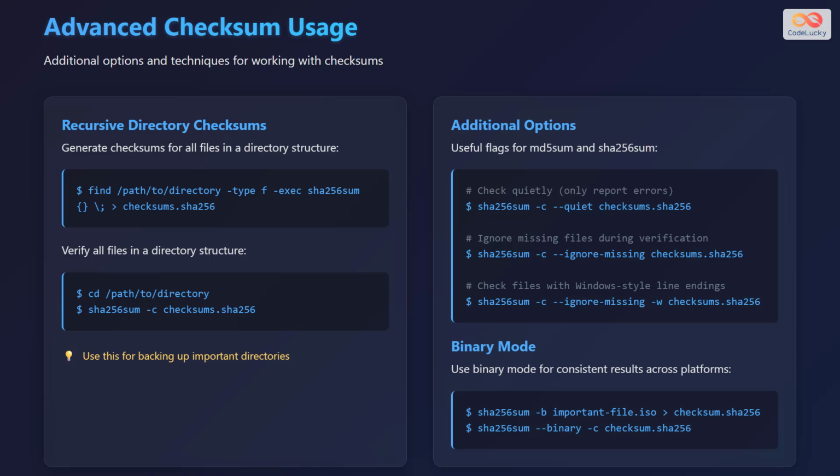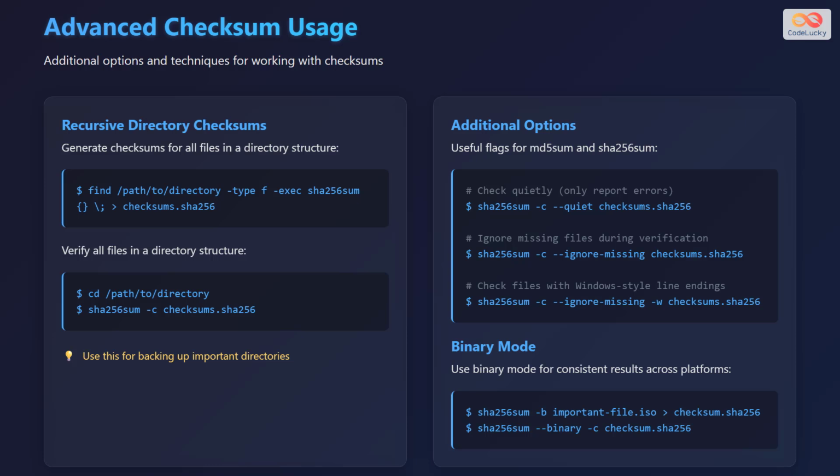Some useful flags for md5sum and sha256sum are: to check quietly and only report errors, use the command sha256sum -c --quiet checksums.sha256. To ignore missing files during verification, use the command sha256sum -c --ignore-missing checksums.sha256.